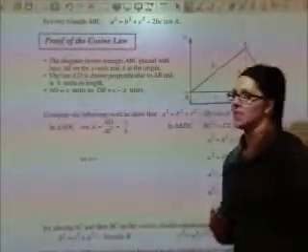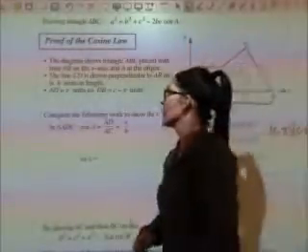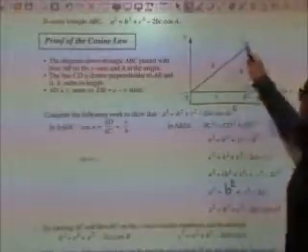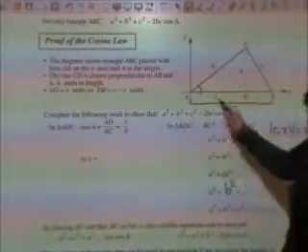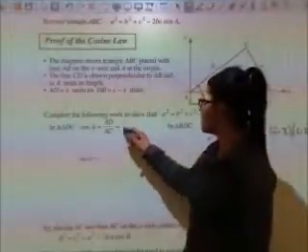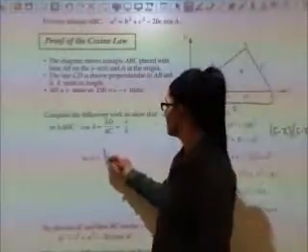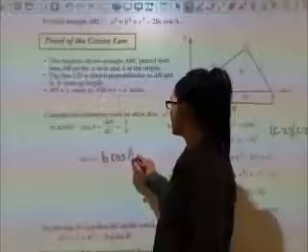We have to go back to this side. So we'll stop at this point, and now we'll go over to this side. In triangle ADC, right here, I have cos of angle A equals the adjacent over the hypotenuse, x over b. So if I want to get x by itself, I get rid of this b value by multiplication. And I get that x equals b cos A. That's what x was right here.